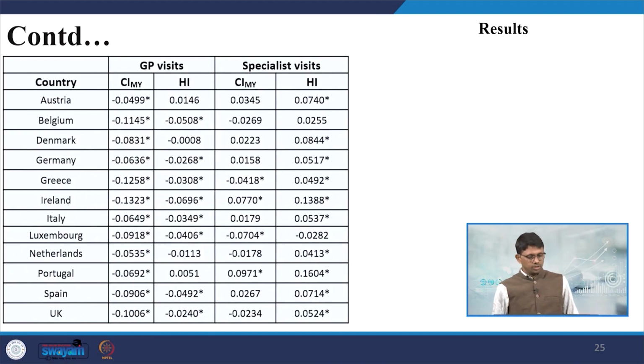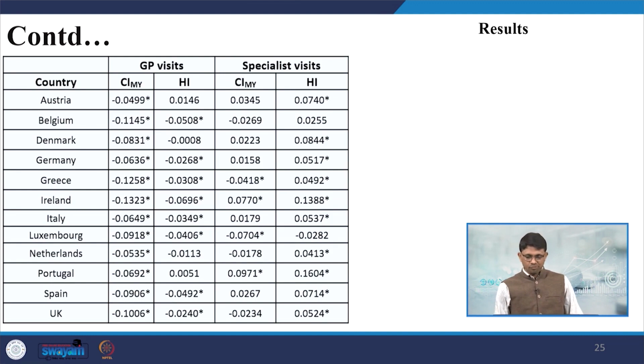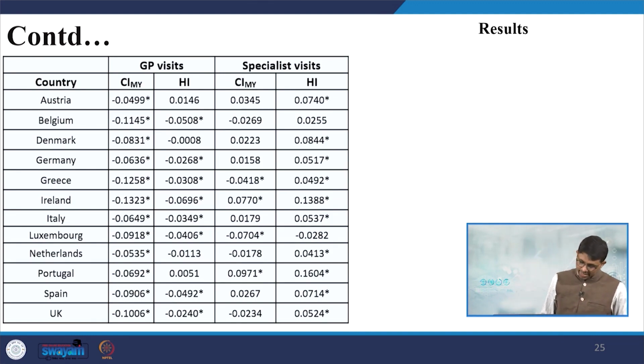It is observed that so far as horizontal inequity is concerned, the figures are mostly negative, and most of them are significant at the 5% level. We have already given the indicator range of +1 to -1.